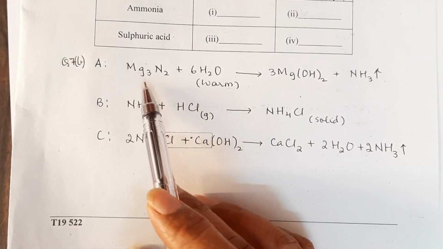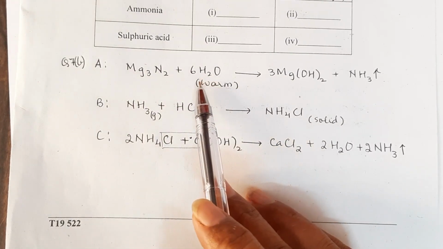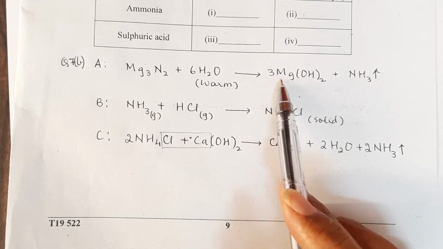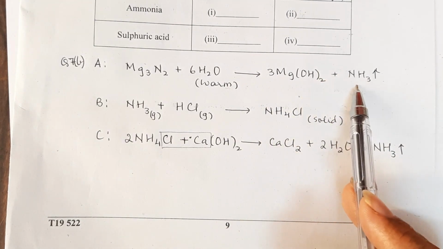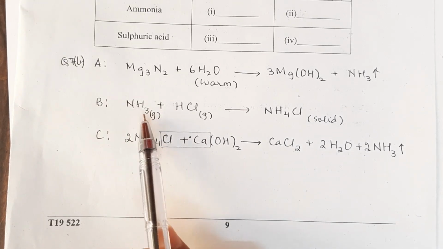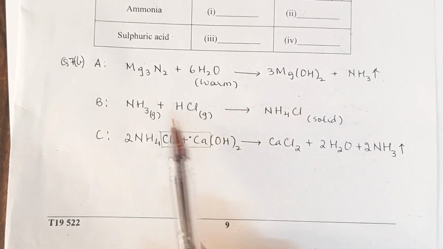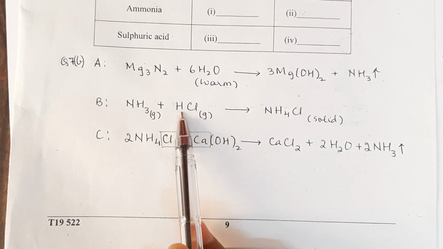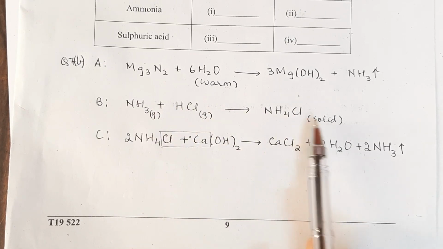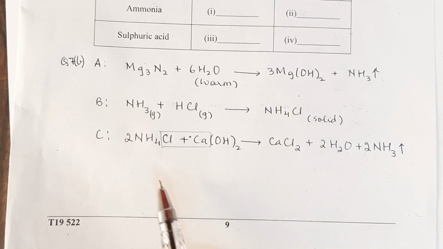So A reaction is Mg3N2 plus 6H2O, which is warm water. It gives us 3 Mg(OH)2 plus ammonia, which is a gas. The second one was with ammonia gas we get ammonium chloride. So we can have hydrogen chloride gas and that will give us NH4Cl, which is a solid. Ammonium chloride is formed.